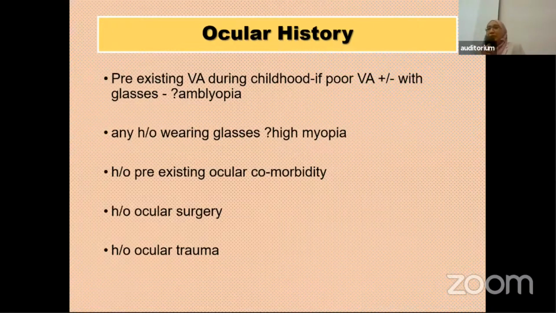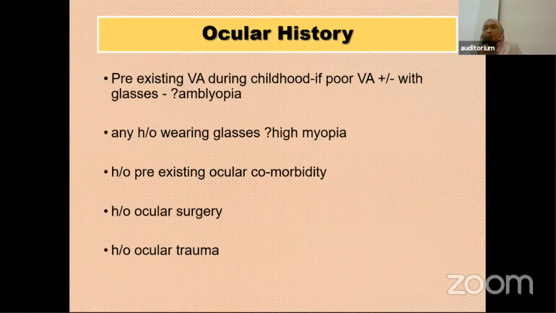So this patient might need a second eye surgery. And then any history of pre-existing ocular comorbidity such as uveitis, glaucoma, and other optic neuropathy. For example, optic atrophy secondary to traumatic optic neuropathy, or a lot actually.